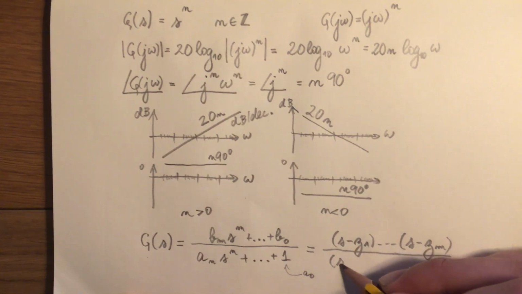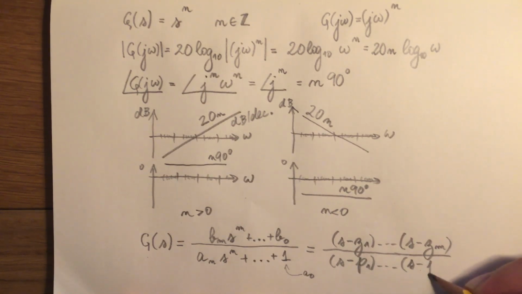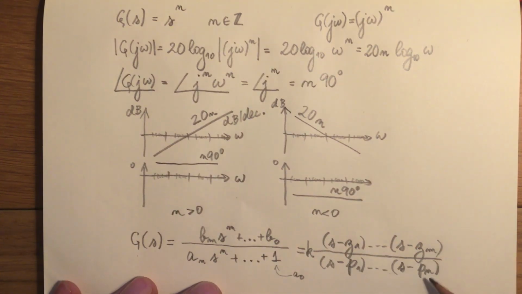The zeros and the poles, as we know, are either real or, if complex, appear in pairs of complex conjugates. As we also know, we expect to have more poles than zeros.